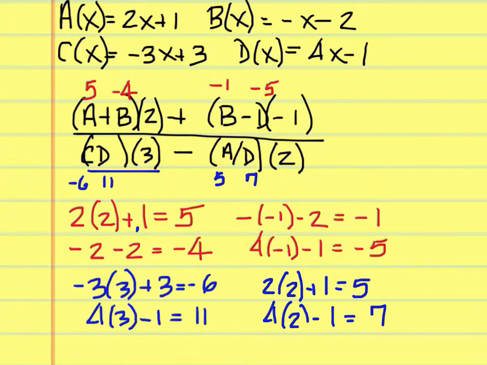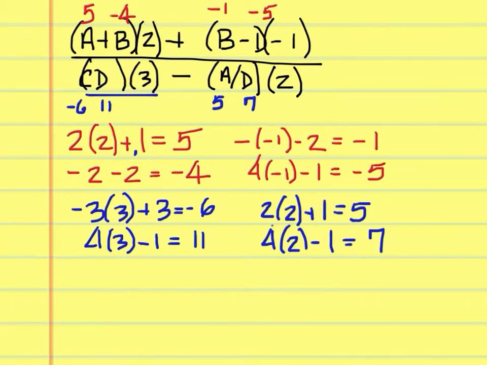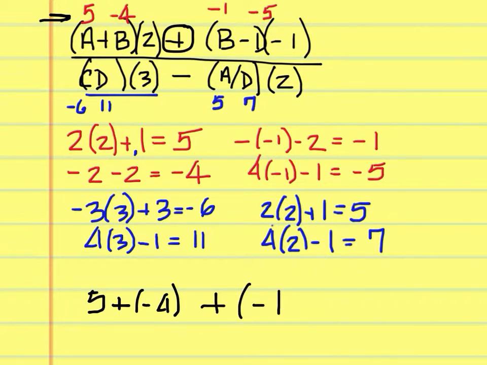Put a 7 there. So now I can reset this and rewrite it as the following, and then go through and simplify. Up here in this spot, we have 5 plus a negative 4. Then we're going to add, according to this, negative 1 minus a negative 5.